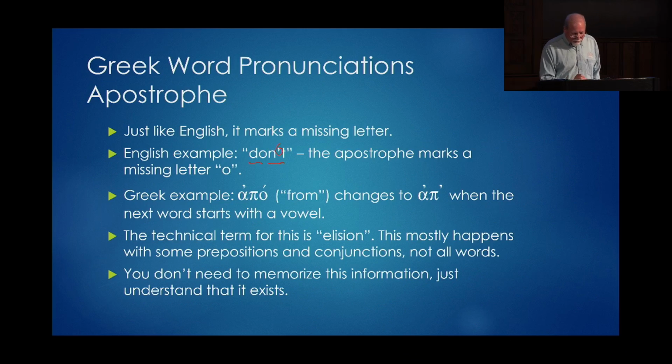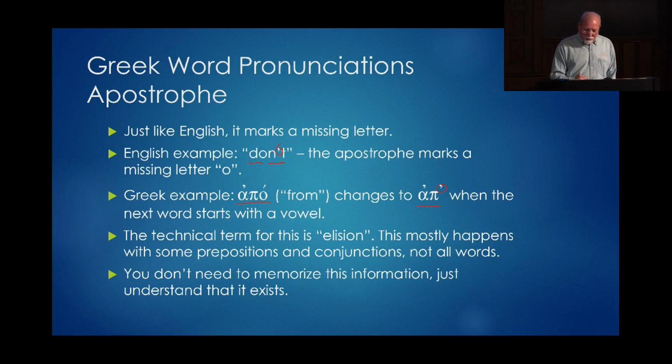For instance, in Greek, the word apa, it's a preposition, it means from. Now, when the next word starts with a vowel, you get 2 vowel sounds right next to each other, it's difficult to pronounce. So they just drop it, and it turns into op. So when you see op, but it's got the apostrophe, then you know that, okay, there's a letter missing. And so you don't have to pronounce it any different.